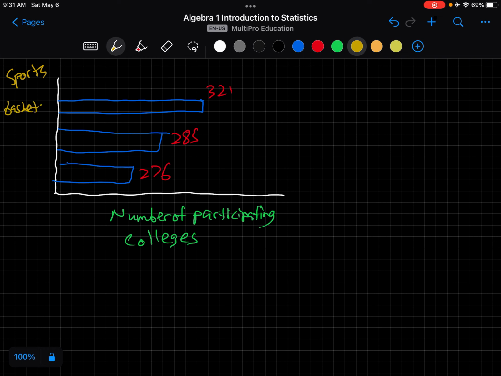Okay, so we have basketball, baseball, and tennis. All right, so this lists how many, this is made up data again. This is how many colleges are participating in each sport. So let's look at some questions here.